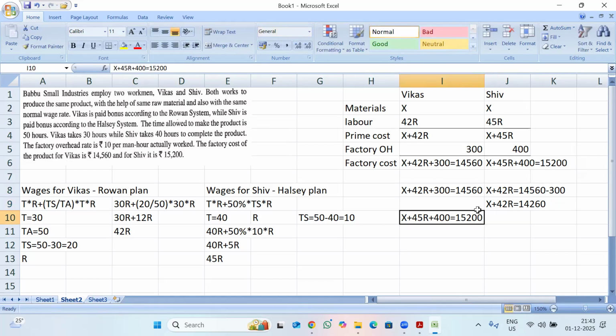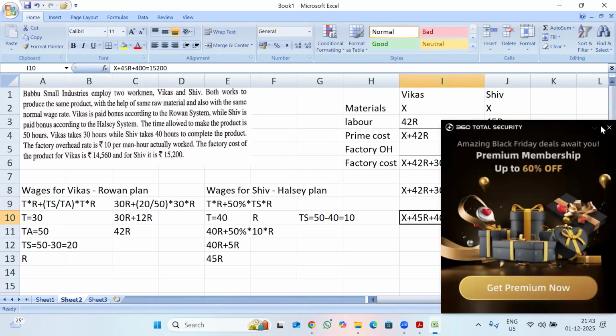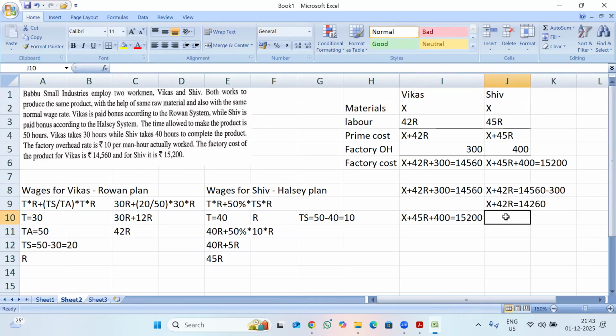Here in this case, I am moving this 400 to this side, so it will come as minus 400. So X plus 45R is equal to 14,800. So I just want to solve these two equations now.